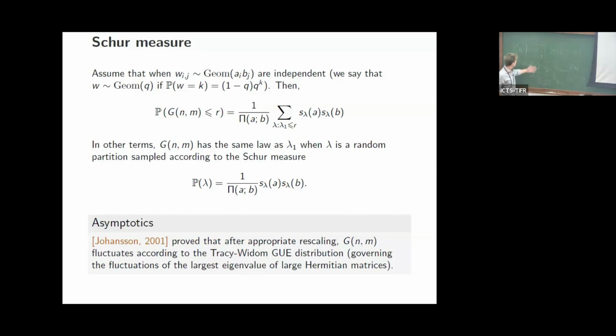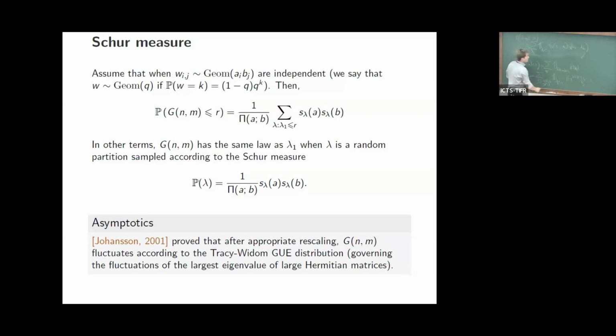And what I would get, I don't have space anymore on this board, but what I would get is just the sum over lambda of the indicator function that lambda 1 is less than r times s_lambda(a_1 to a_n) s_lambda(b_1 to b_m).